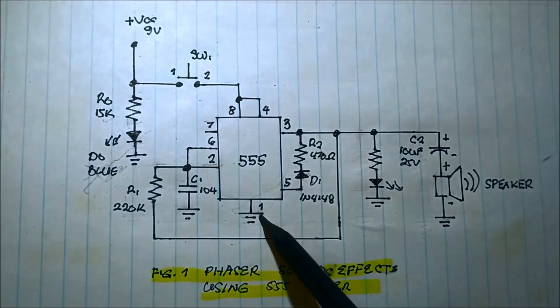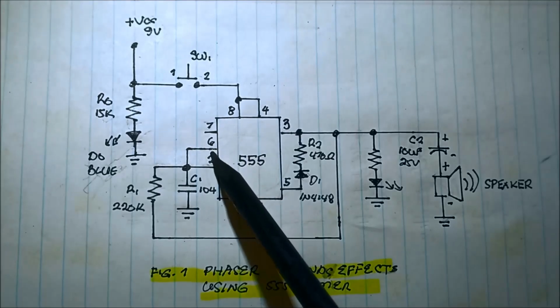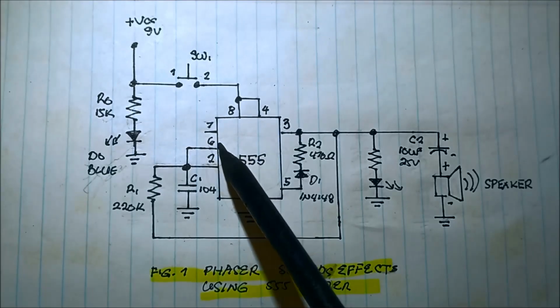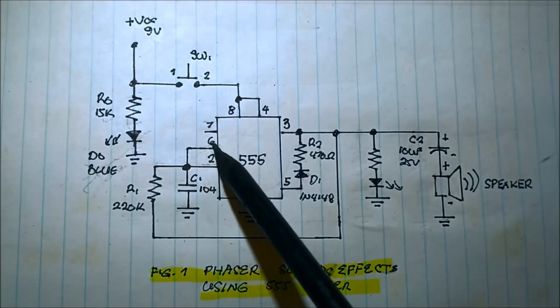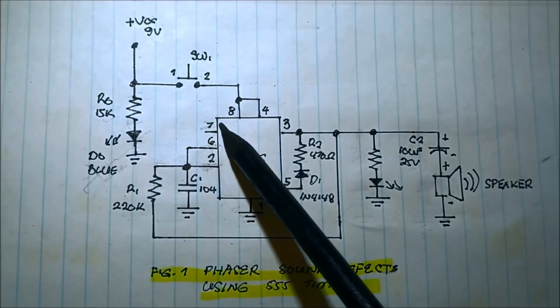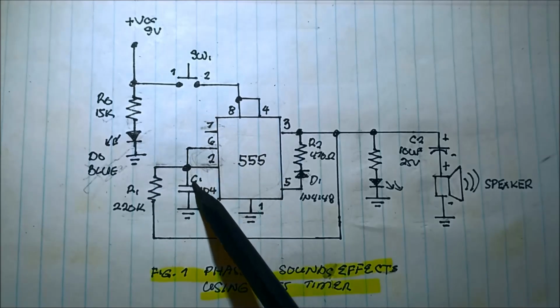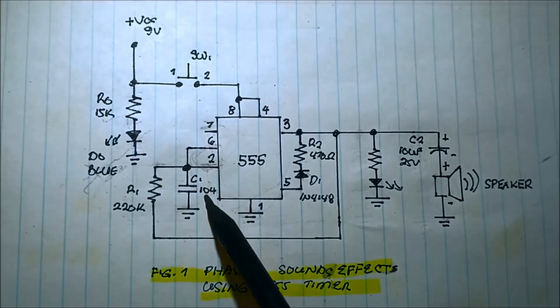Pin 1 is the ground, pin 2, pin 6 trigger and threshold is connected together. Pin number 7, no connection. The discharge pin 2 and 6 is connected to C1 104.